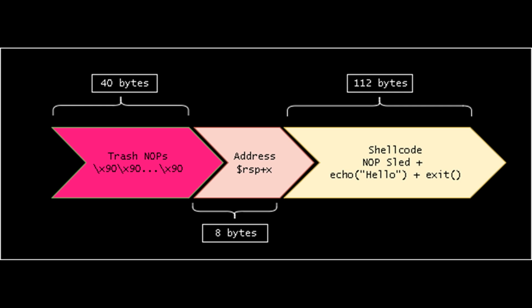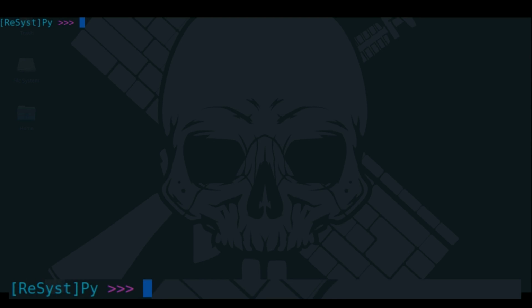Alright, so let's start with the first part, which is the 40 NOP instructions. So in Python, after importing the Pwn module, we'll first generate one NOP instruction using the asm function, which basically takes an instruction and returns the opcode associated with it for the specified architecture.